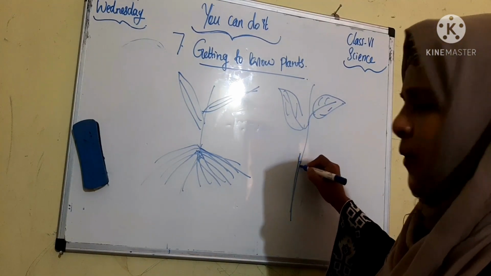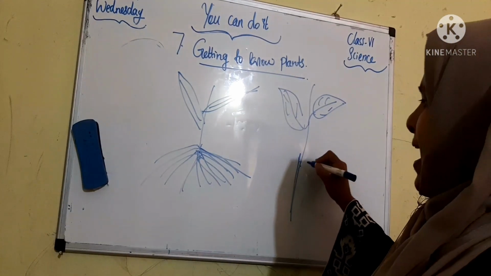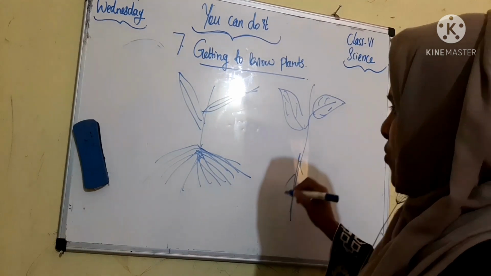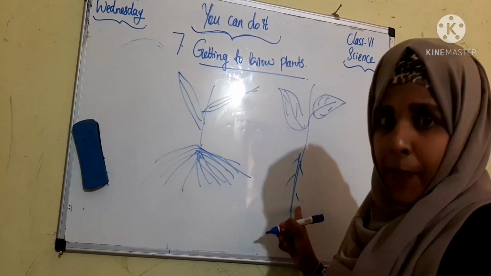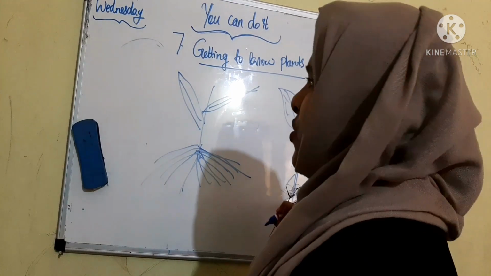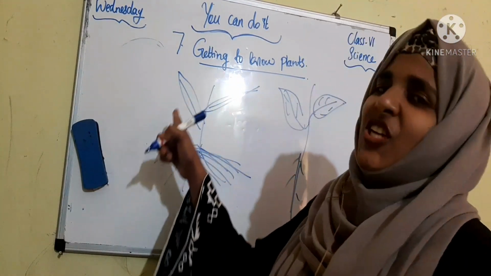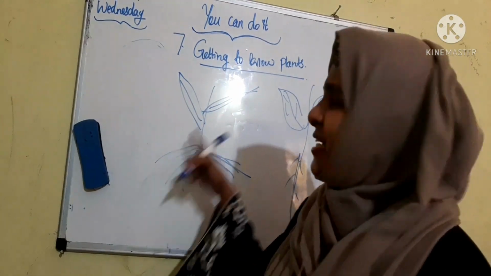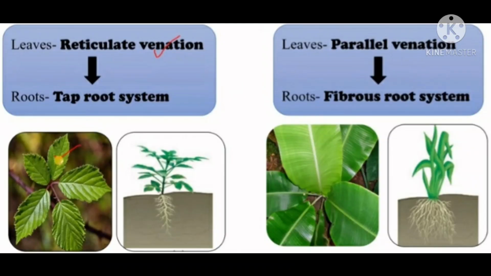That we call a taproot. And small roots are arising from this prominent taproot. So we call them the fibrous root system and the taproot system. Clear? If the leaves have reticulate venation, plants will have a taproot system. If the leaves have parallel venation, plants will have a fibrous root system.